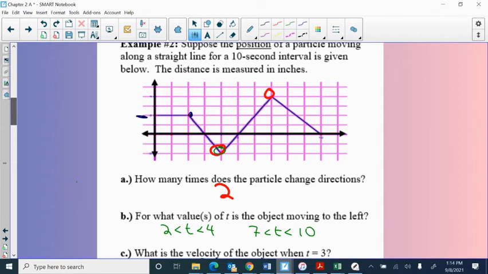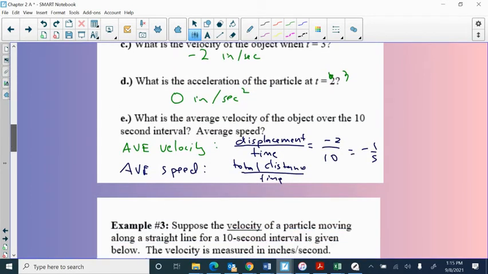And then from position -2, we travel all the way up to position 4. So we've traveled 6 more. So 4, right here's your initial 4, and then we've traveled up here, so 6 more, that's 10. And then we travel 4 more this way, which is 14. So our total distance is 14 inches over 10 seconds, or 1.4, or 7 over 5.